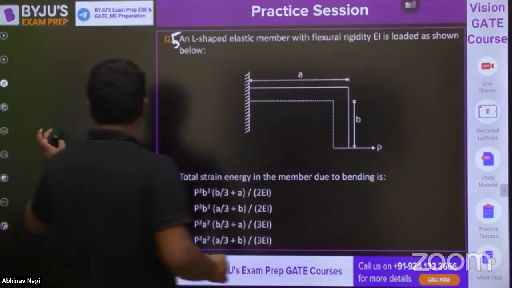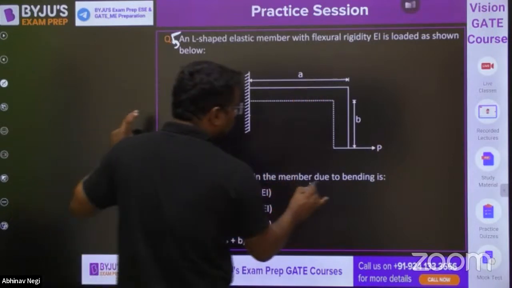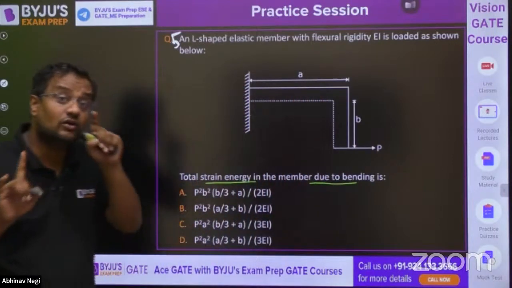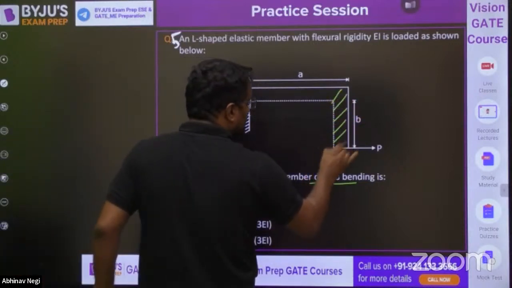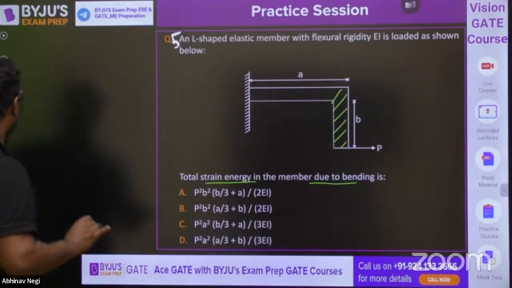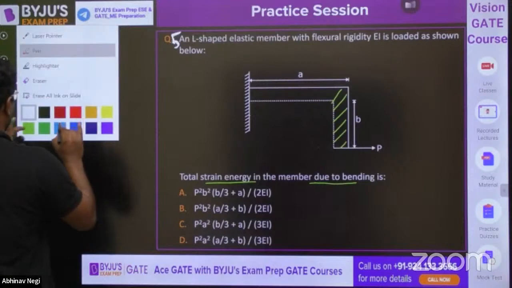Now, guys, you have to find out the strain energy due to bending only. Now, if I take this green member, it is like this.